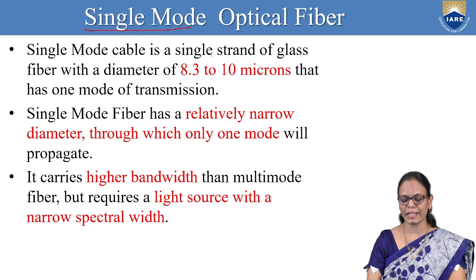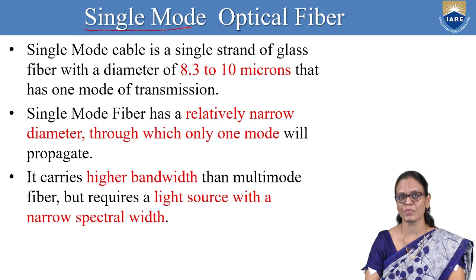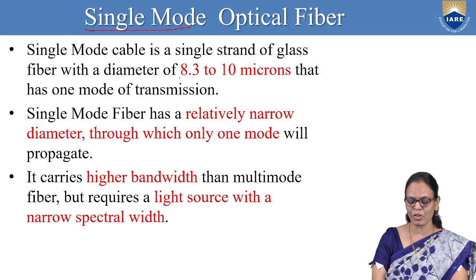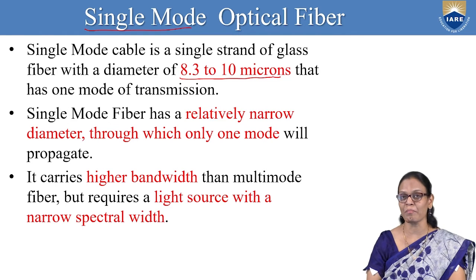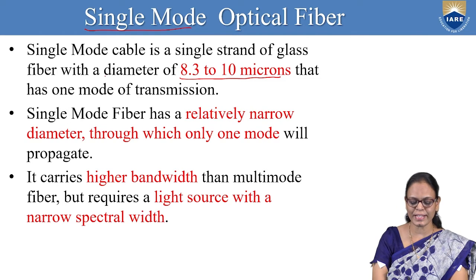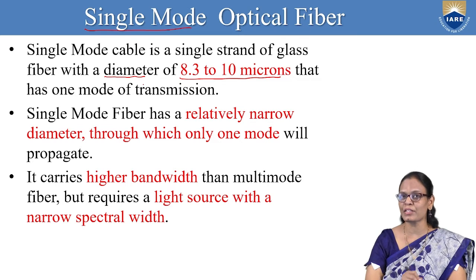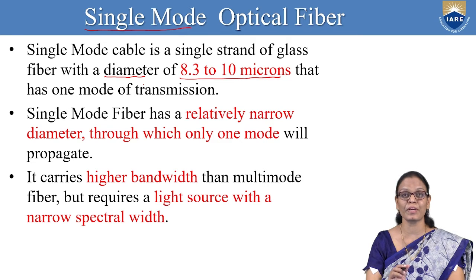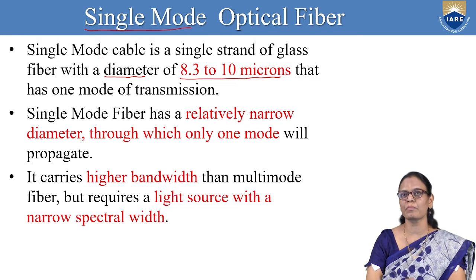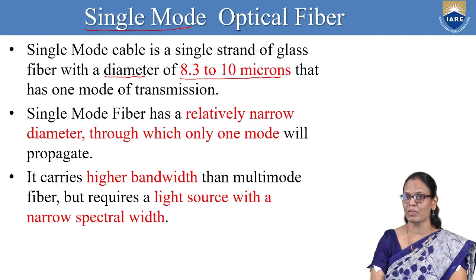Single mode cable is a single strand of glass fiber with a diameter of 8.3 to 10 microns. We have already seen in the diagram, the diameter of the core will be very small in single mode cable. So what is the diameter of the core? It is 8.3 to 10 microns.